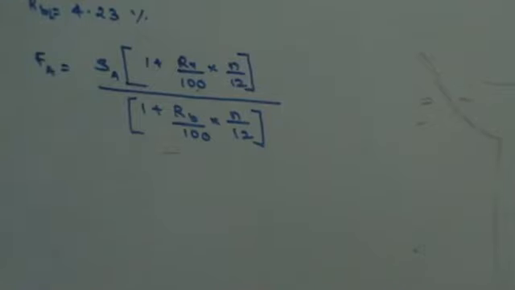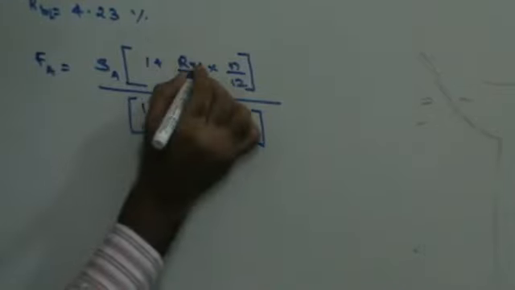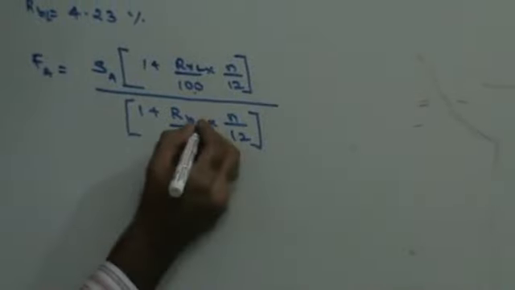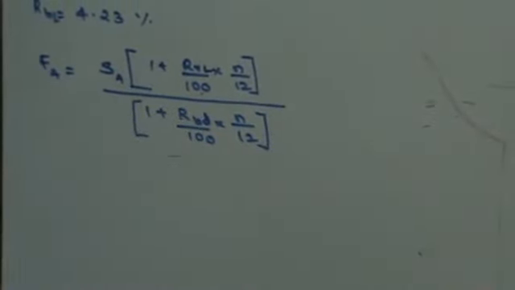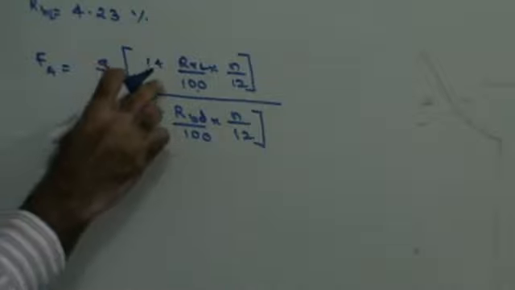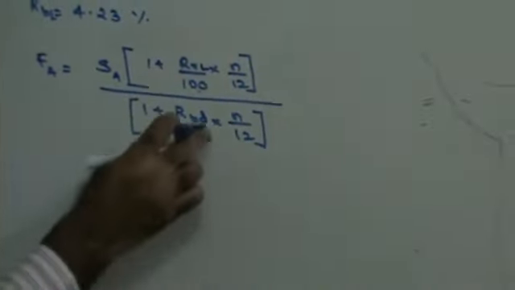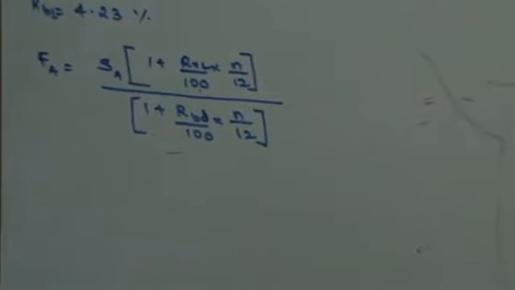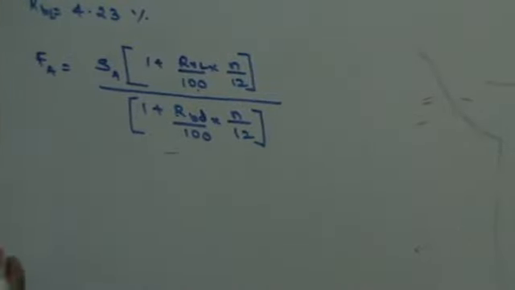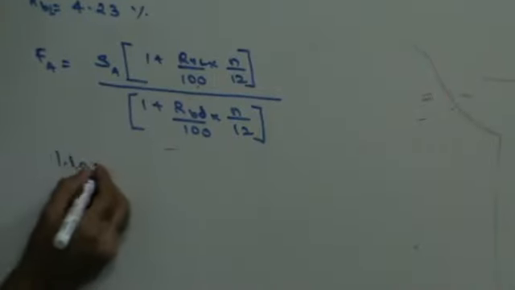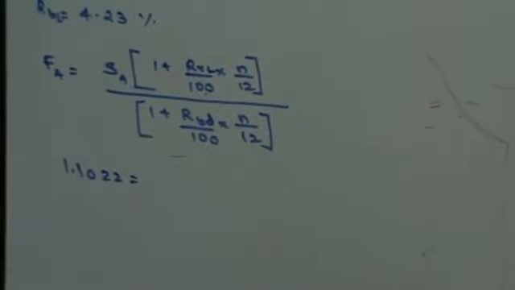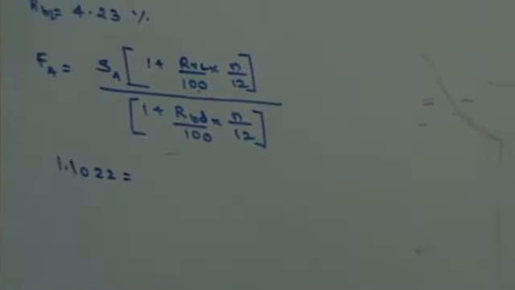When I'm doing ask, I will have to take lending rate of variable currency and deposit rate of base currency. Now forward ask is going to be 1.1022. Spot ask is 1.0995.